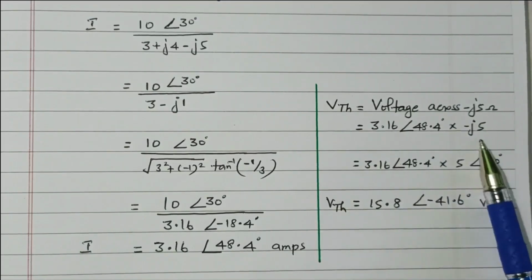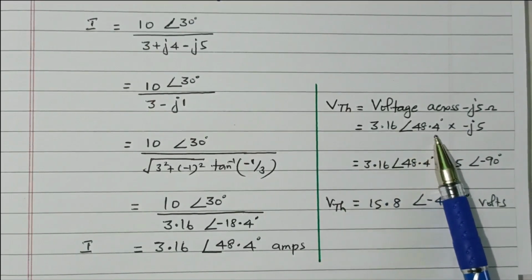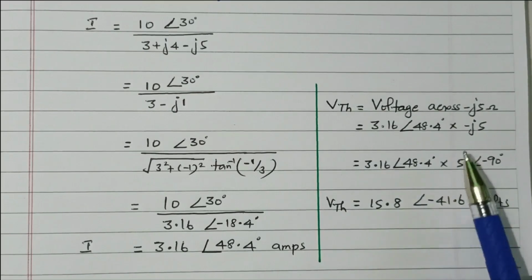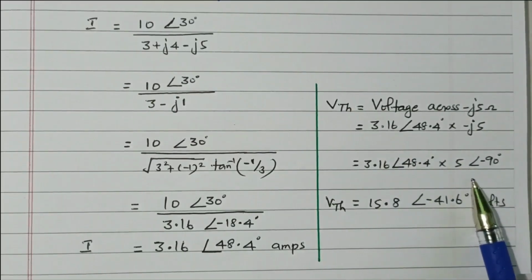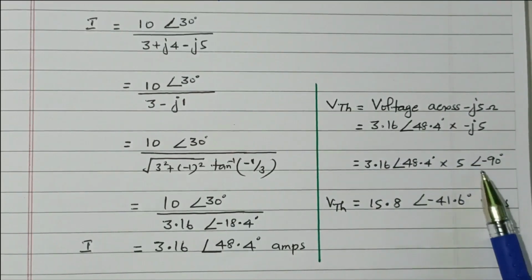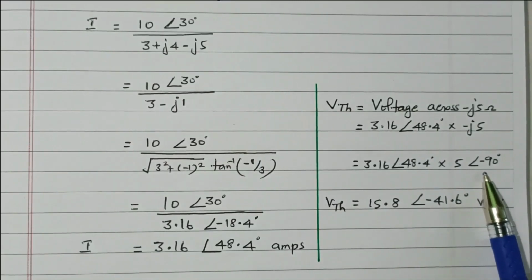V equal to I into Z. The I value is 3.16 with an angle 48.4, and the impedance is J5. This should also be converted into polar form: that is 5 with an angle 90 degrees. Minus J represents minus 90 degrees, since every J represents 90 degrees.